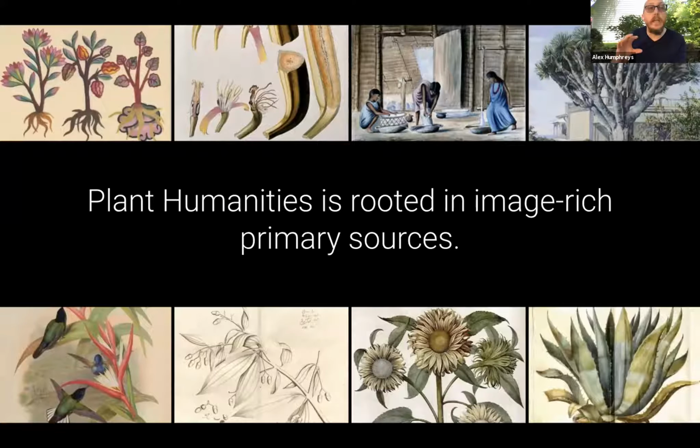The second key aspect to the study that we were trying to support was that plant humanities very much centers image-rich primary sources. So botanical illustrations, herbaria specimens, artistic renderings.